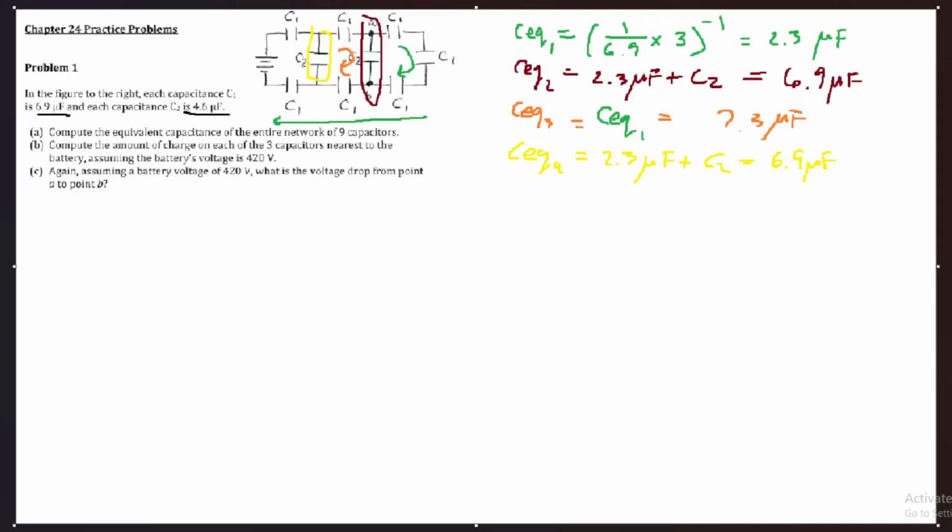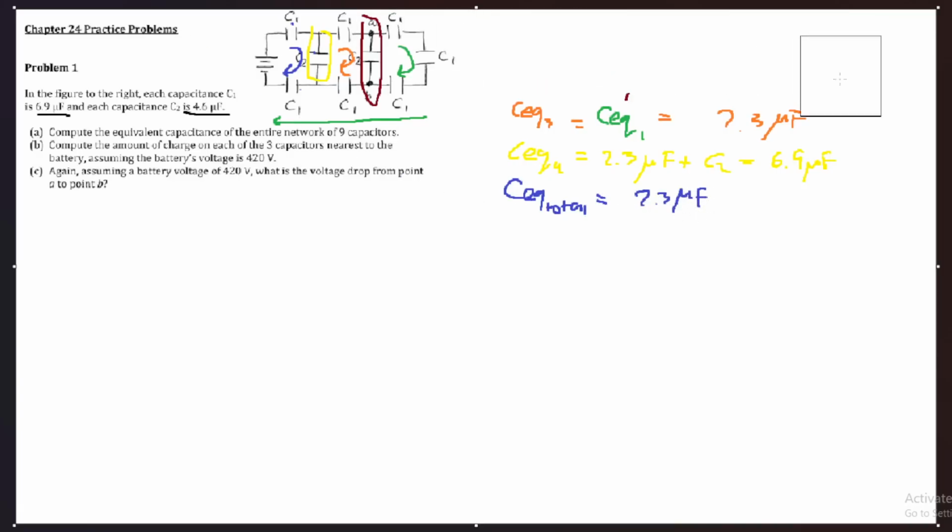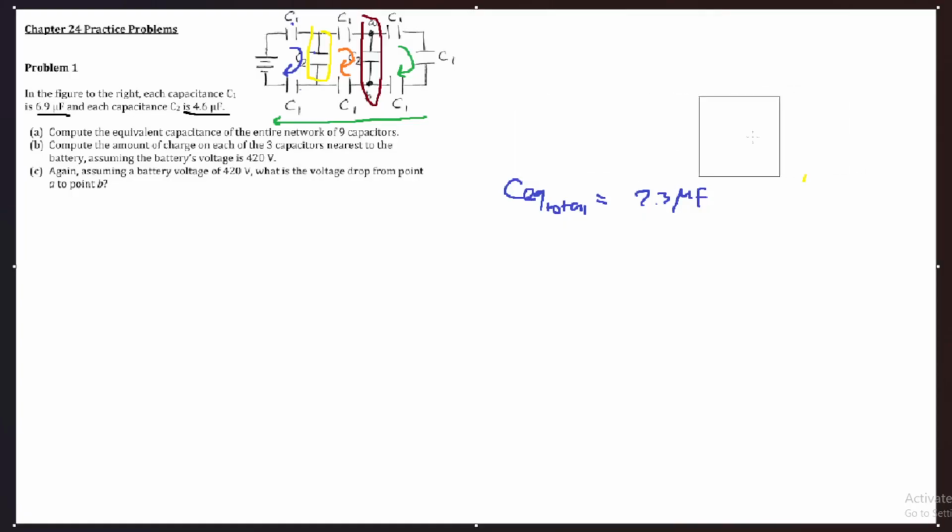Finally, we're going to go ahead and just find the series in these 3 capacitors, C1, C2, and then another C1. But C2 is equal to 6.9 microfarads. So we conclude that CEQ5, or we'll just say the CEQ total, equals 2.3 microfarads.